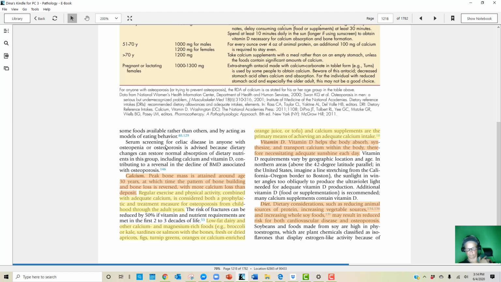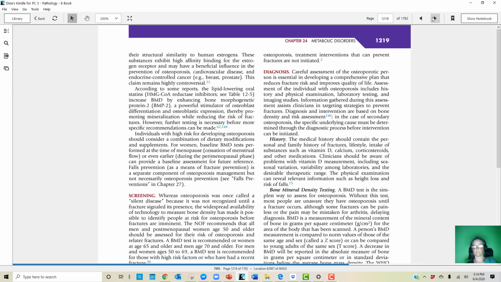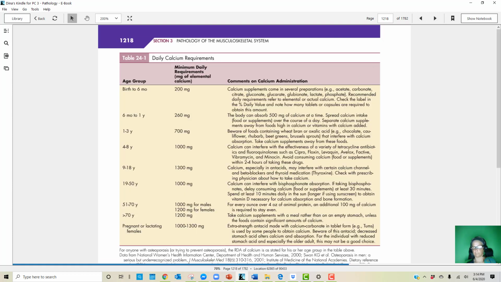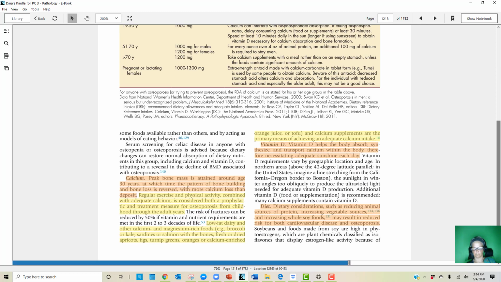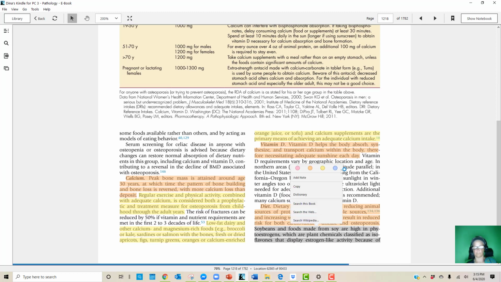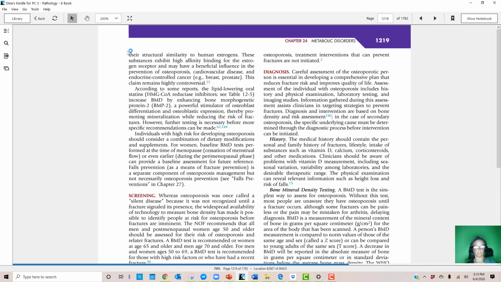Soybeans and foods made from soy are high in phytoestrogens, which are plant chemicals classified as isoflavones that display estrogen-like activity because of their structural similarity to human estrogens. These substances exhibit high affinity binding for the estrogen receptor and may have a beneficial influence in the prevention of osteoporosis, cardiovascular disease, and endocrine-controlled cancer, for example, breast, prostate. This claim remains highly controversial.